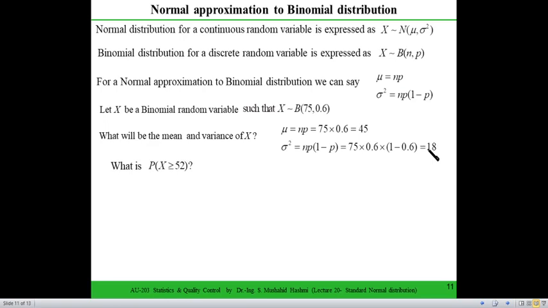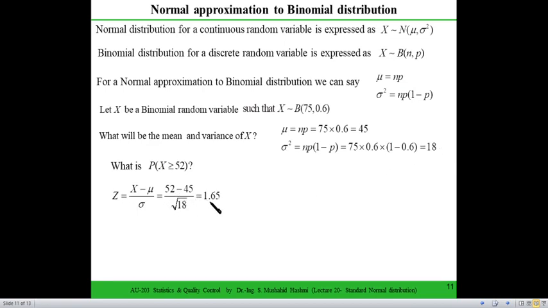So if x is a binomial random variable and I want the probability greater than or equal to 52, then I use the normal distribution to calculate the probability, where x is a normal random variable with mean 45, which is an approximation of the binomial distribution, and its variance is 18, so the standard deviation would be the square root of 18.